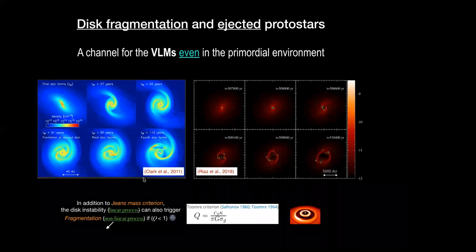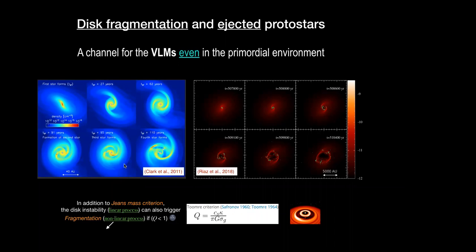If you consider the evolution of the gas, and you consider that a disk is going to form eventually in a rotating sphere of gas, even if it's primordial gas, you expect that the disk is going to form and it's going to fragment. So this disk fragmentation is another criterion for fragmentation, in addition to the Jeans mass criterion.